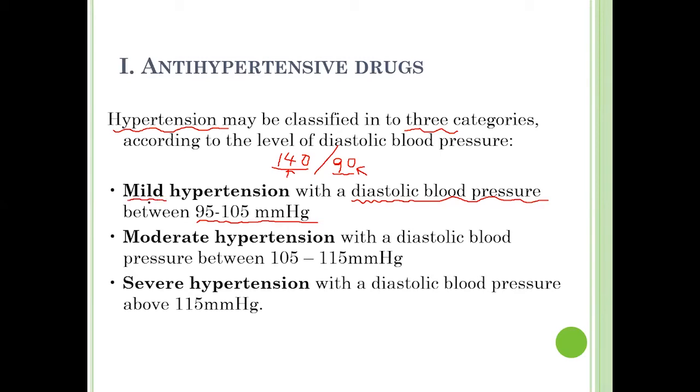It's not that severe a problem, but still hypertension. If the pressure, still talking about the low number, is between 105 and 115, that's a little more severe, but still not that severe. But if the number is over 115, that's the most severe kind of problem.